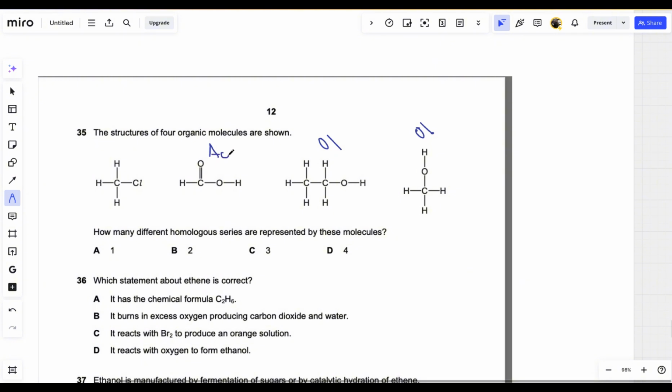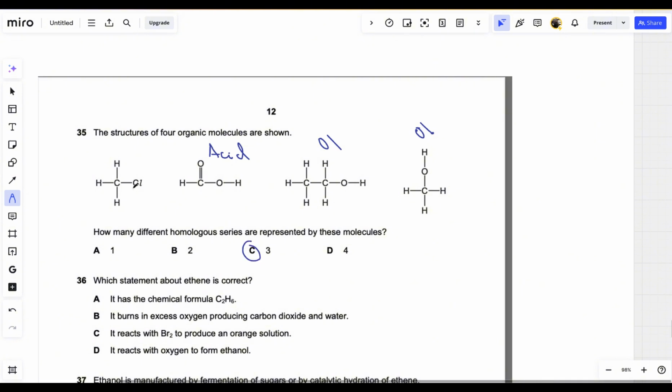These are the same as 1 because they are both alcohol. It's considered as one homologous series. 2, and then this is chloromethane, the third one. I think we have 3. So the answer is C.